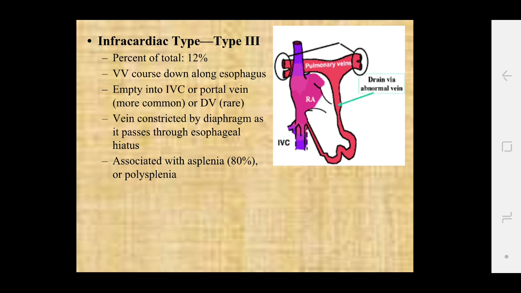So this vertical vein is more liable to obstruction, which represents an emergency. We will talk about this later in this lecture. So this is the infracardiac type.